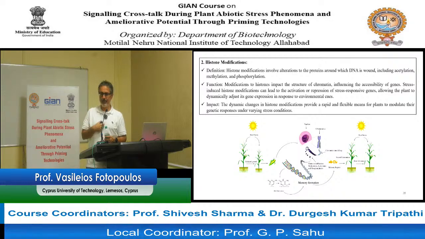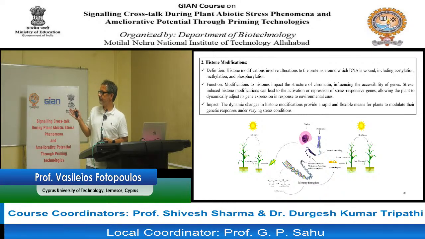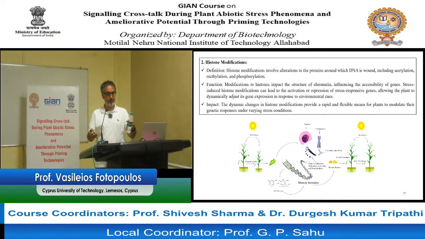And in papers I have read, I have seen works linking the methylation patterns with microbial priming, and I've seen acetylation patterns linked with chemical priming. But of course, this is not exclusive. So, in terms of function, the modification to the histones impacts the structure of chromatin, thus influencing the accessibility of the genes, of course.